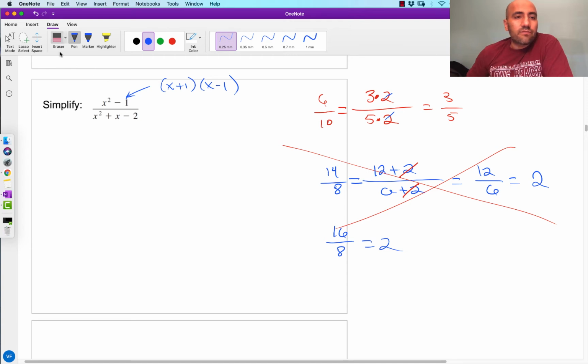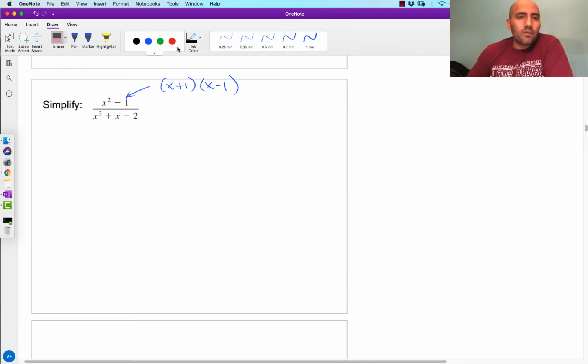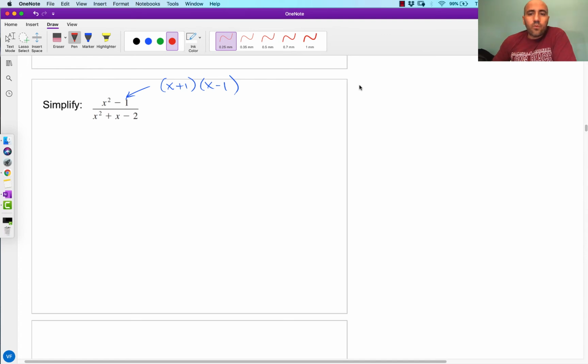This all comes from one of our established patterns, a plus b times a minus b equals a squared minus ab plus ab minus b squared.